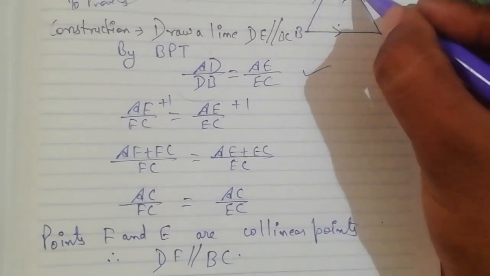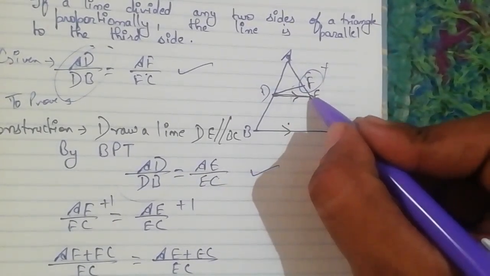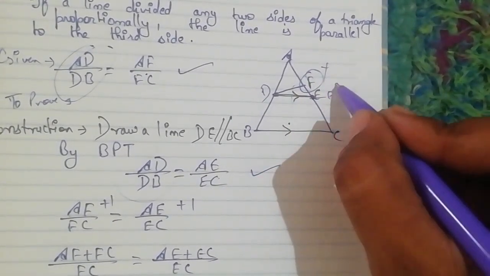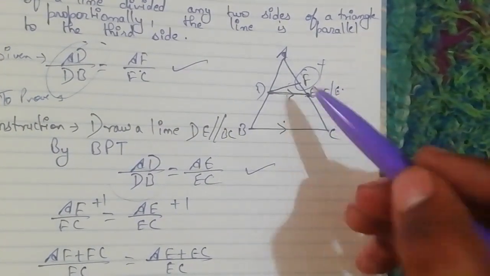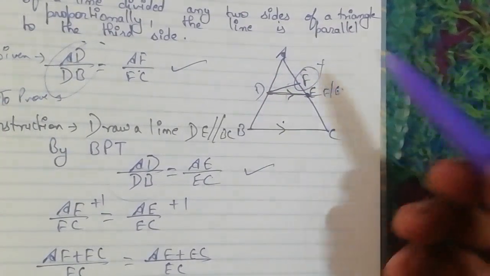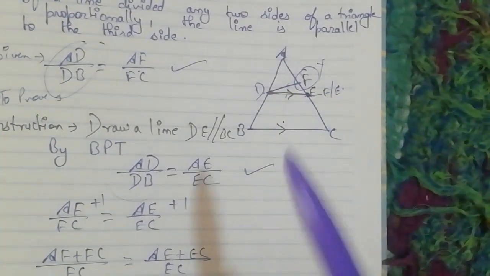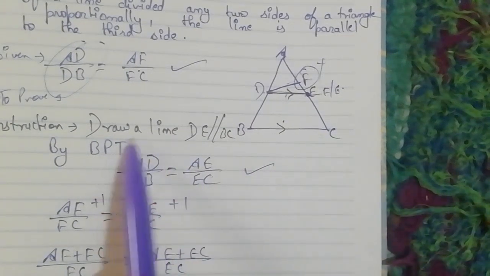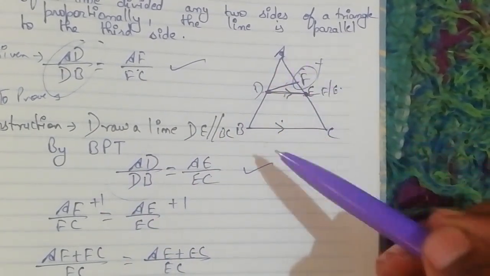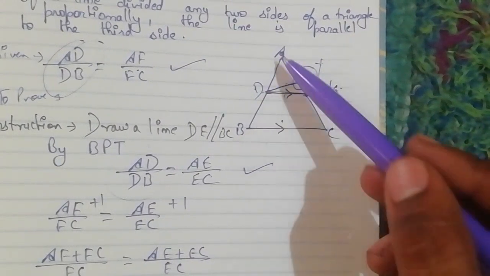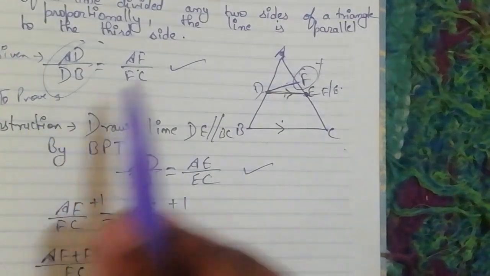F will not lie here, F will lie on the point E. It is F or E, so don't get confused. I just take another line which is DF, which is not parallel to BC. And by construction I have drawn a line DE which is parallel to BC. So by the basic proportionality theorem, AD upon DB is equal to AE upon EC.